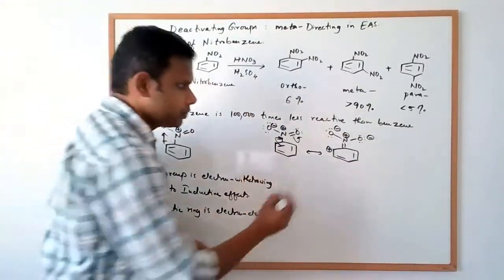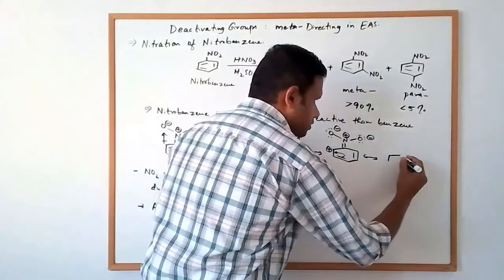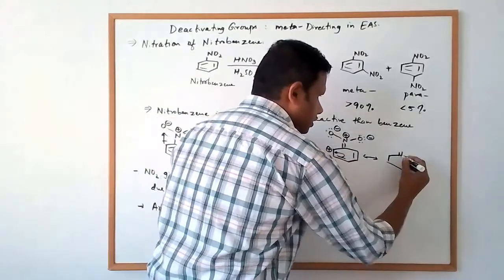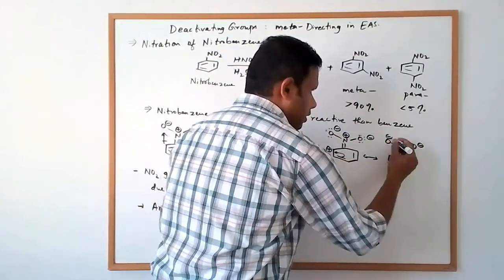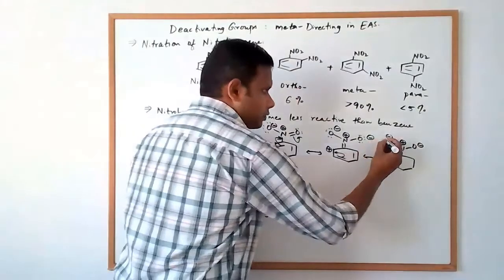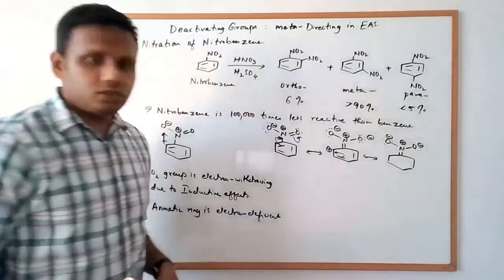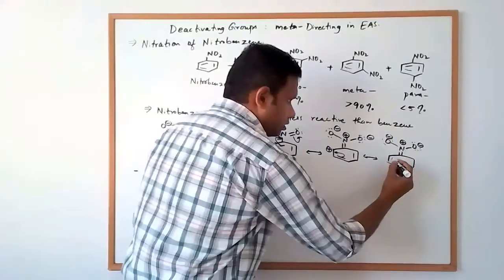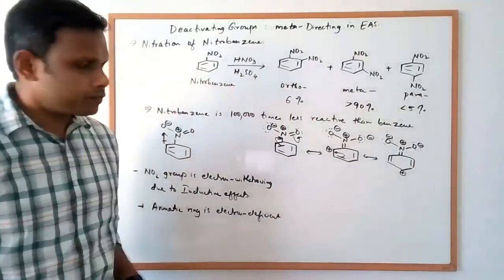And now we can do further resonance within the ring. So the next resonance form that we're going to get is going to have a double bond to N, O minus, and a positive charge over there. Three lone pairs on each of those oxygen atoms, double bond here, positive charge here, and double bond over there.